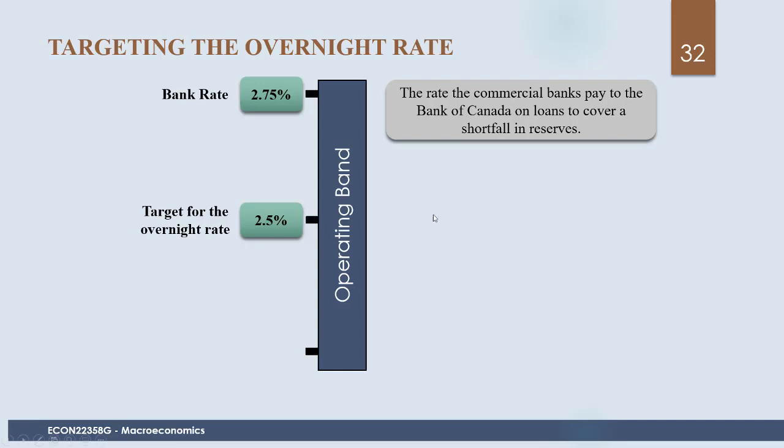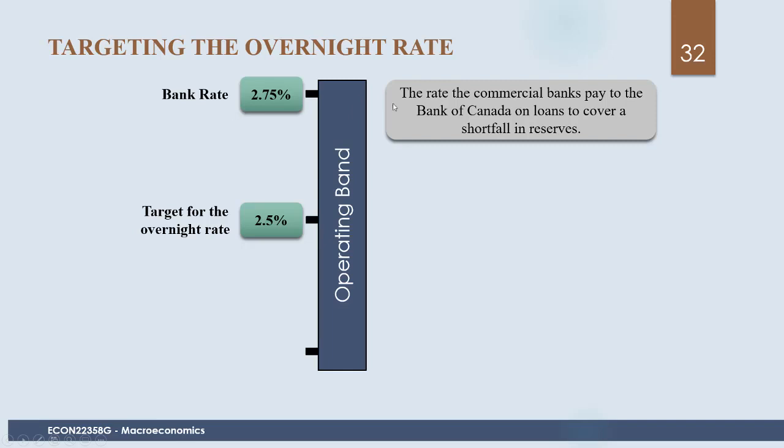So this puts a maximum on the rate they would need to pay. They can always borrow money for 2.75% from the Bank of Canada, so they're not going to pay any more than that. But if within the market they want to trade with each other at something lower, that's fine.